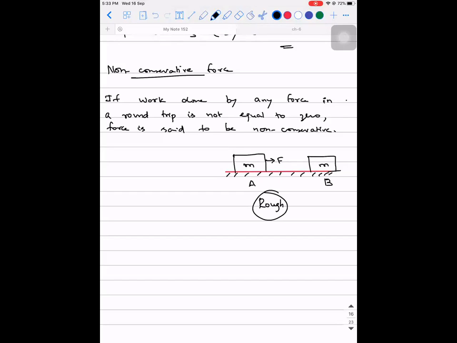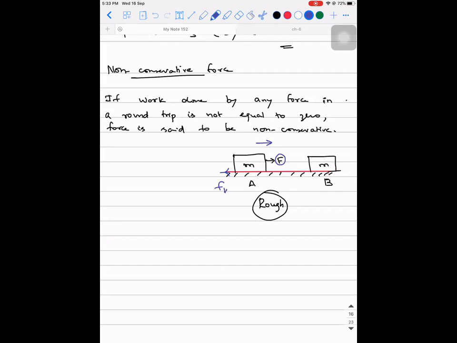Friction. So when the object is moving from left to right, what is the direction of friction? Right to left. So when the object is moving in this direction, friction is right to left, which is the opposite direction of the external force F.